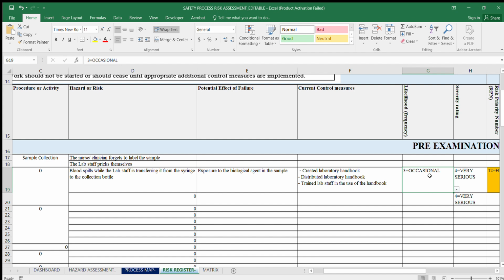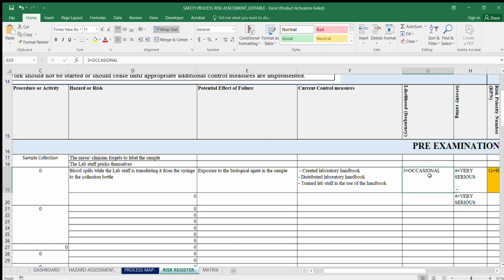Most of these scenarios where blood is being collected may not happen in the laboratory area. Sometimes the samples may be collected outside of the laboratory, maybe in the outpatient department, or in the wards. In this particular case, you need to interview some people either in the OPD or in the wards and ask them, have you ever been exposed to samples or to blood while transferring this blood from the syringe to the collection bottle?